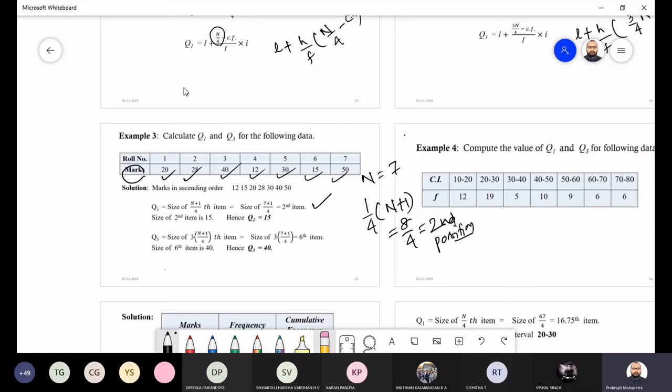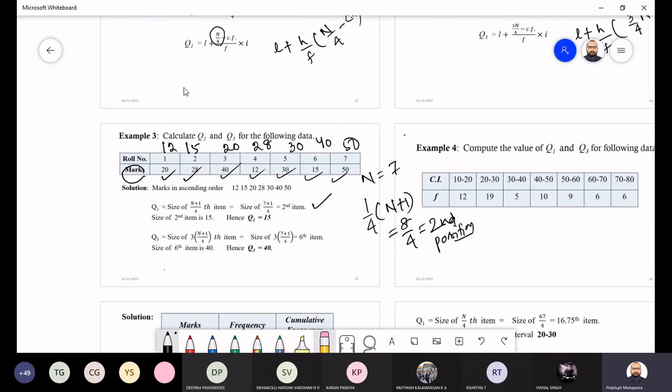So first the lowest value is 12. Then 15. Then 20. Then 28. Then 30. Then 40. Then 50. So the second position is, what is the value?